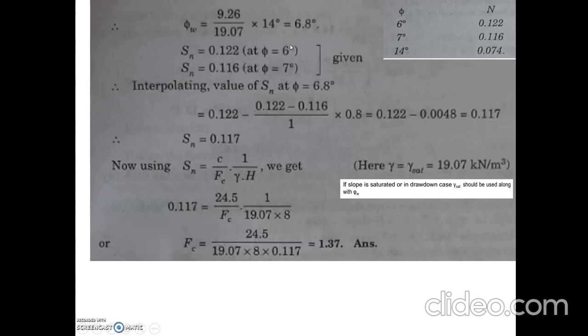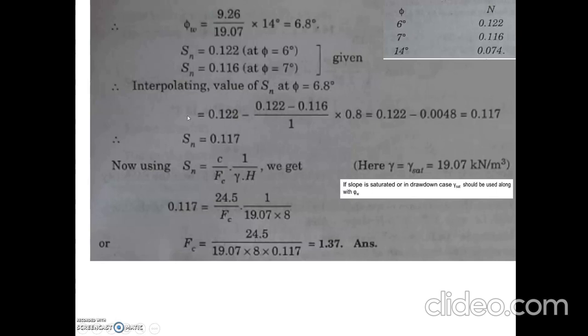We have considered these two values because phi W, which is gamma submerged divided by gamma saturated into phi, comes out to be equal to 6.8. So this 6.8 degree lies between phi equal to 6 degree and phi equal to 7 degree. So since phi is 6.8, we have to find out what is the stability number. Once we interpolate, we get the value of Sn equal to 0.117.